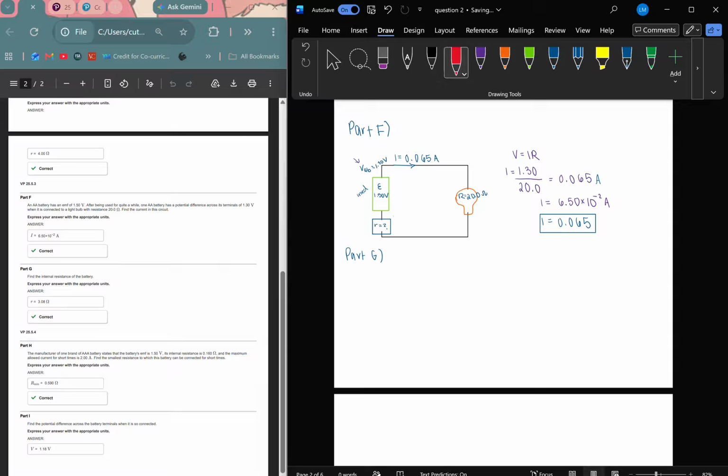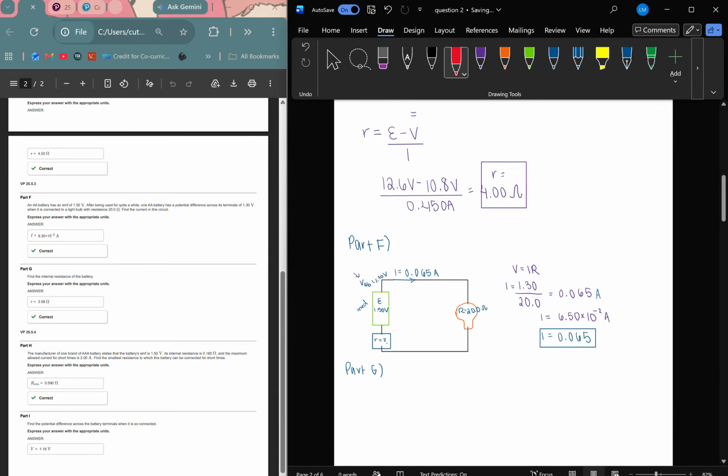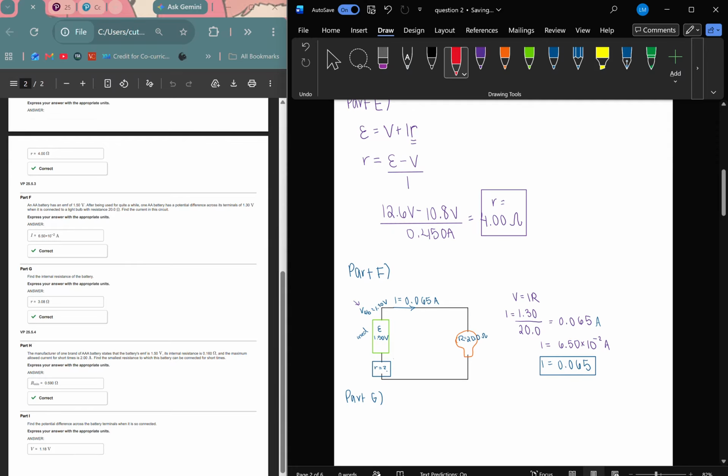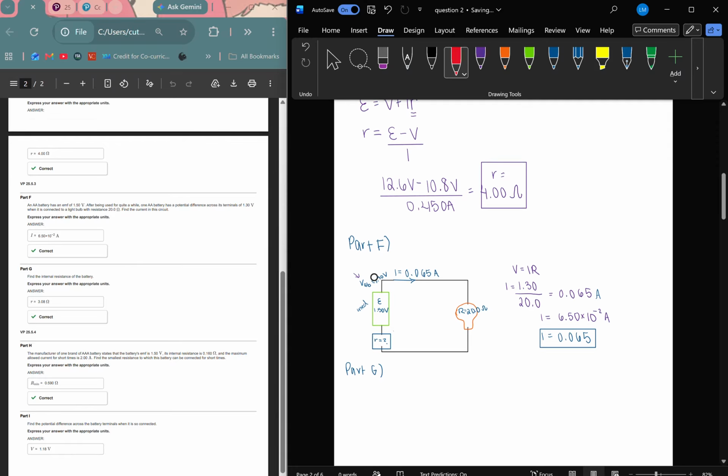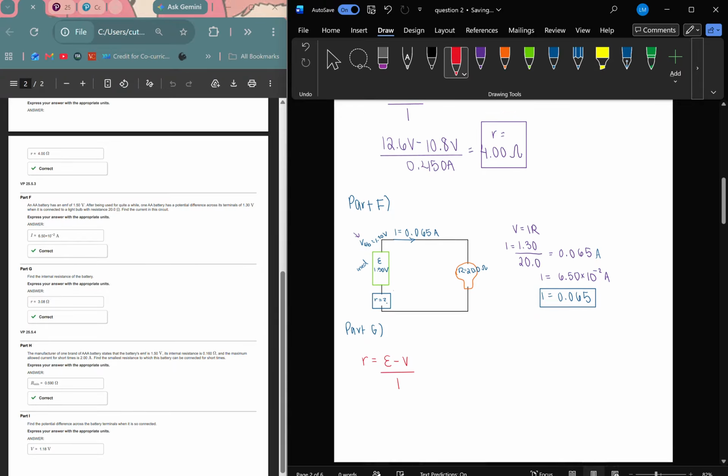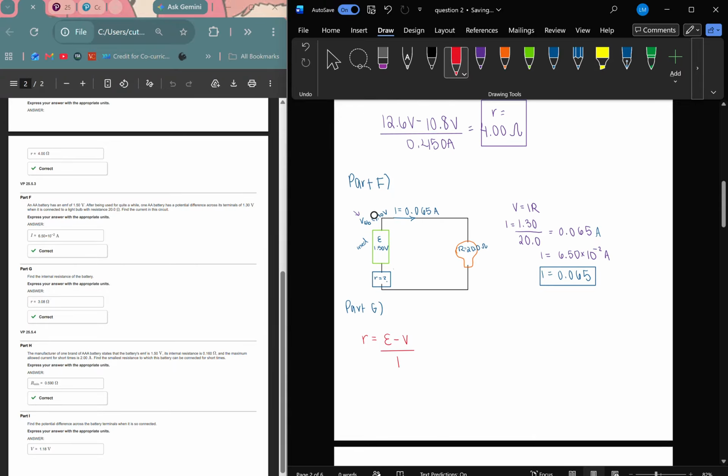To do that, like we did earlier, we have to use the same battery equation from, I believe, part E. Let's copy it down right here, which was internal resistance r equals the electromotive force minus the terminal voltage over the current.